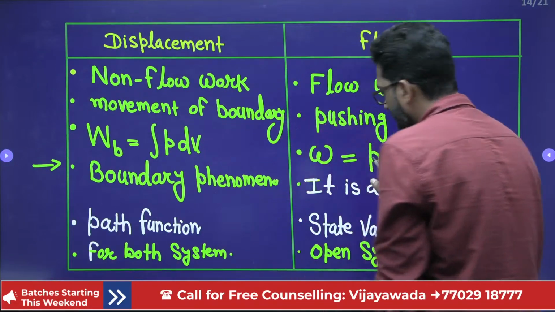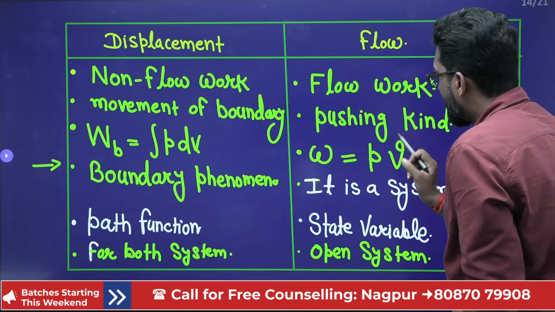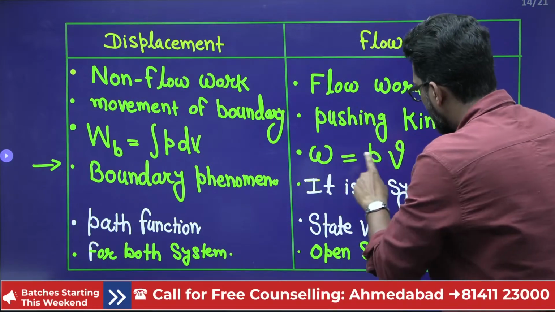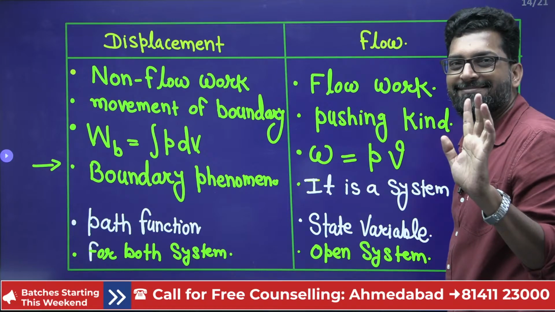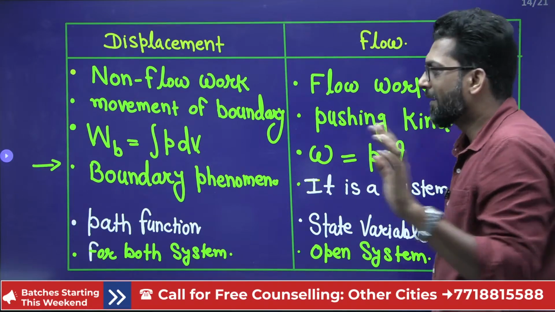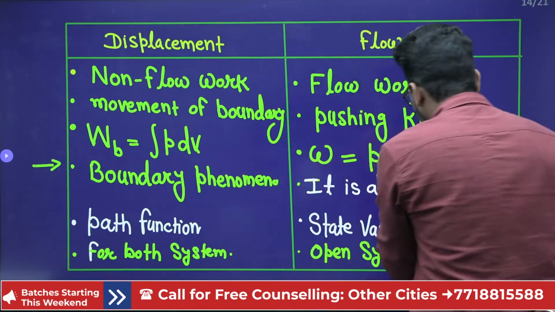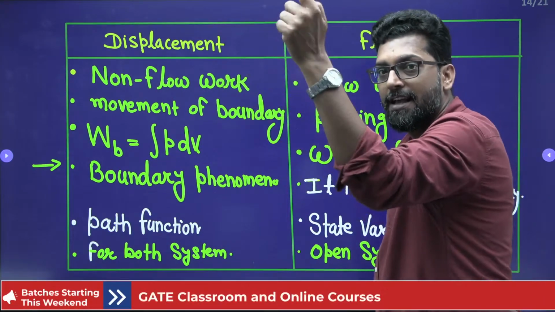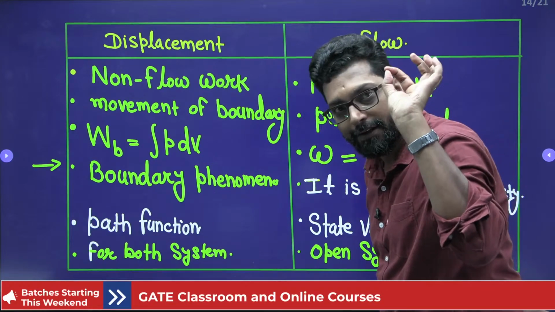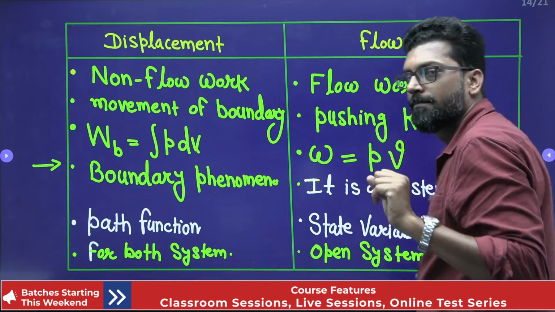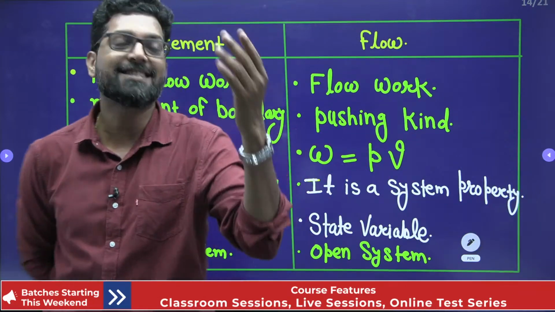Pressure is a property, volume is a property. That means if the point is fixed, this P and V are fixed. If there is a process, and in that process you take any point in any state, this will be fixed. If you change the state, this will change.